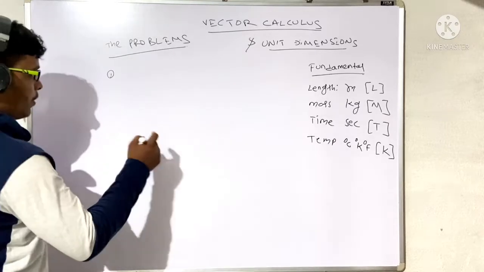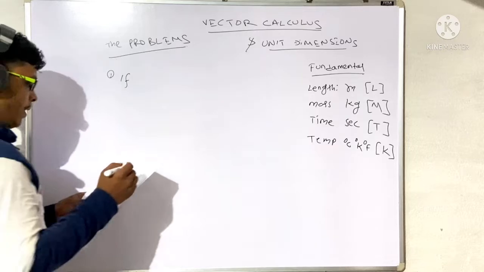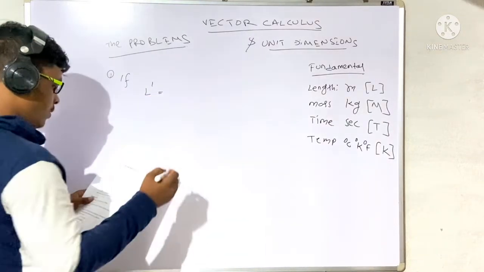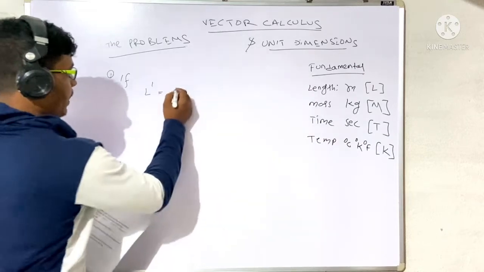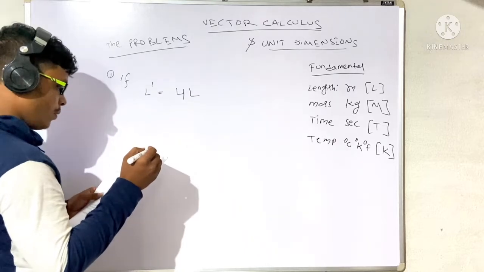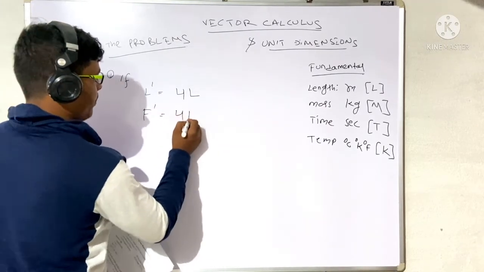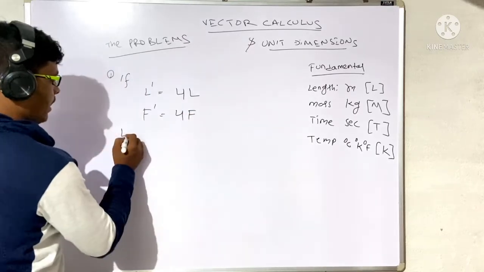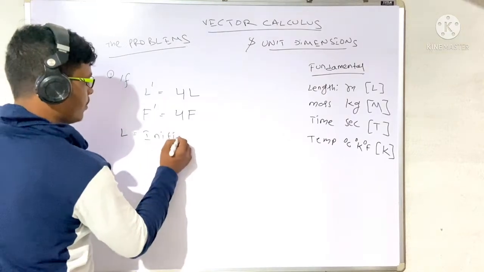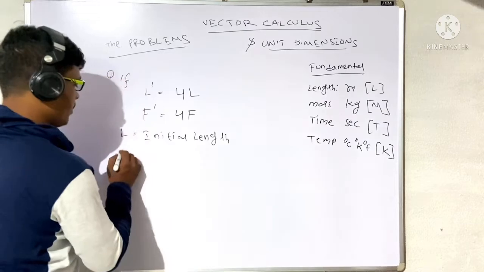So what was he asking? If my L prime equal to 4L and force F prime equal to 4F. So what is L and F? Now L is your initial length and F is your initial force.